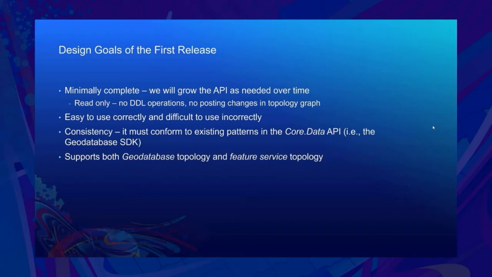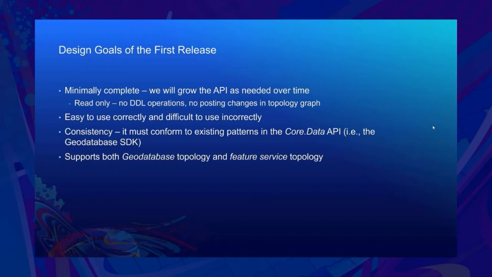What this means is that it does not support adding and removing participating feature classes or adding and removing topology rules, nor does it support posting editing changes in a topology graph back to the feature space.